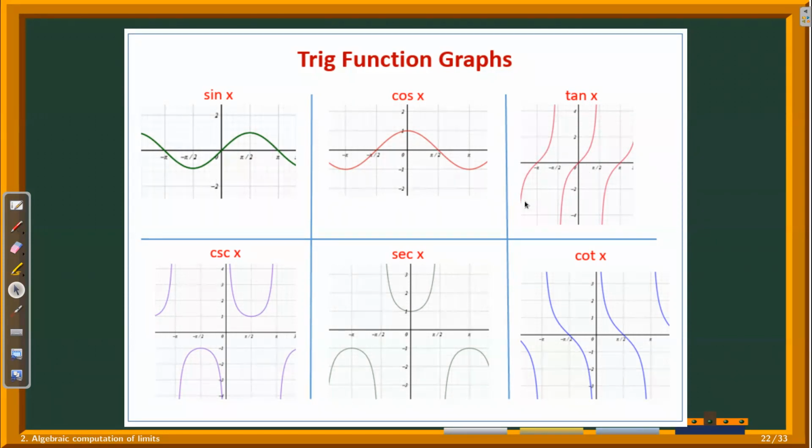The odd multiples of pi over 2 are where tan x is not continuous. In the same way, secant x, cosecant x, and cot x are continuous in these intervals. All of them are continuous except at the points where the function goes undefined.